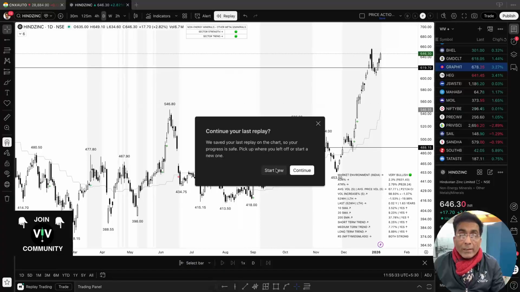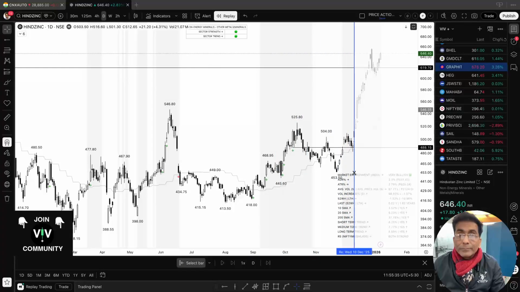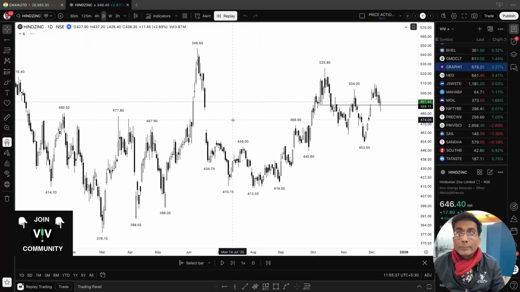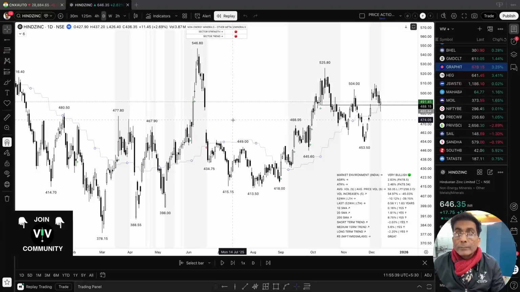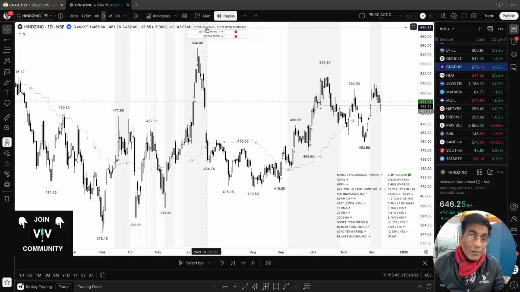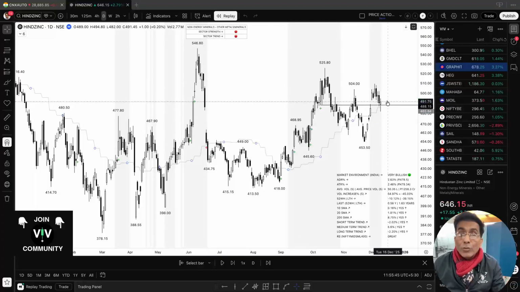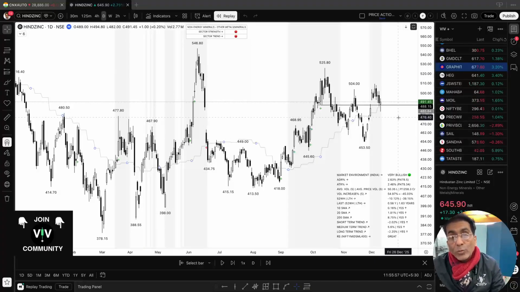If we check here, at that time it also came under non-energy. So Hindustan Copper and Hindustan Zinc were showing strength here. Our wave system was showing strength, right? But sectors were not aligned. This is why I took the trade.